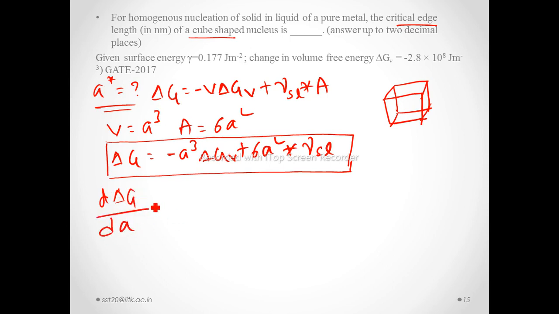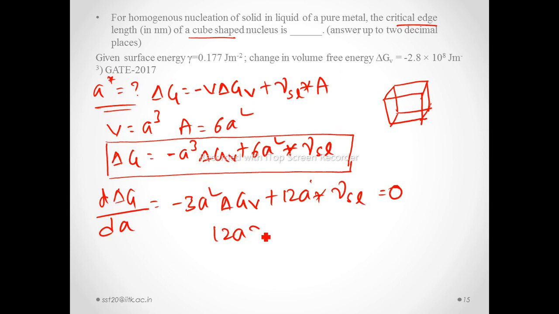d delta G by dA is given as minus 3a square into delta GV plus 12a into gamma of SL, equated to 0. Then 12a gamma of SL equals 3a square into delta GV.